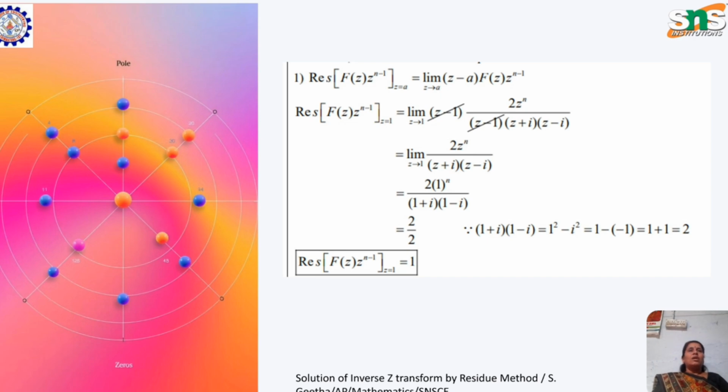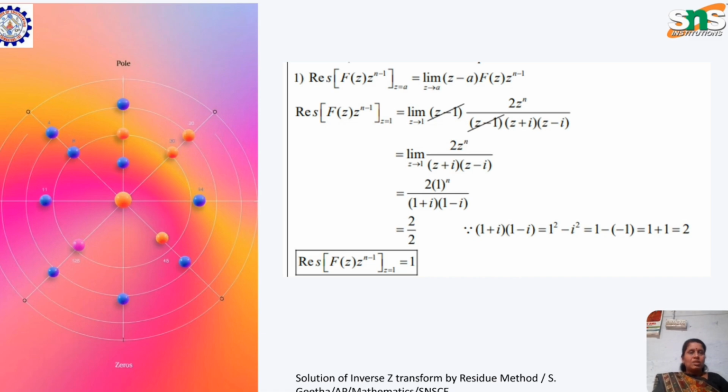After that Z minus 1 gets cancelled. Next we have limit Z tends to 1 of 2 into Z power n divided by (Z plus i) into (Z minus i). After that we put Z equal to 1 here, we get 2 into 1 power n divided by (1 plus i) into (1 minus i). Multiplying (1 plus i) into (1 minus i), the value will become 2. So the value is equal to 2 by 2, which is equal to 1. So the residue at the point Z equal to 1 is 1.